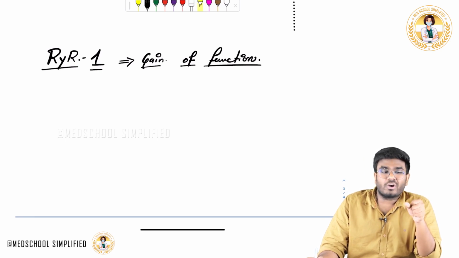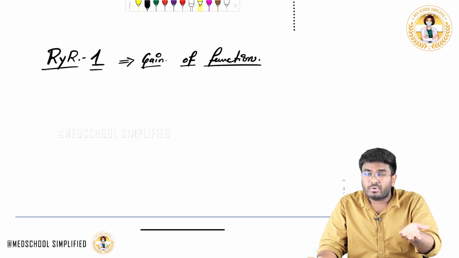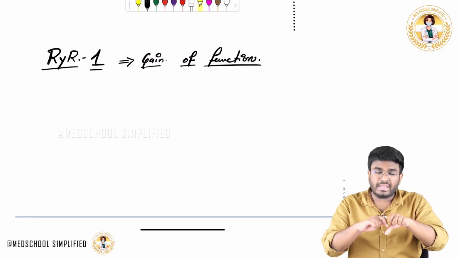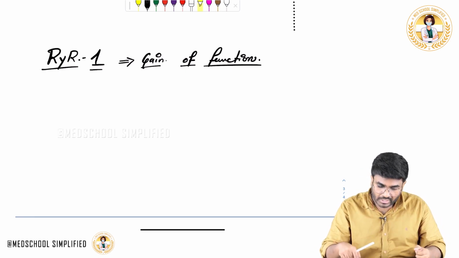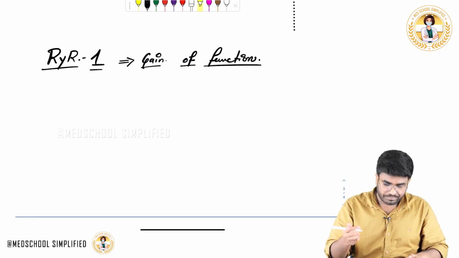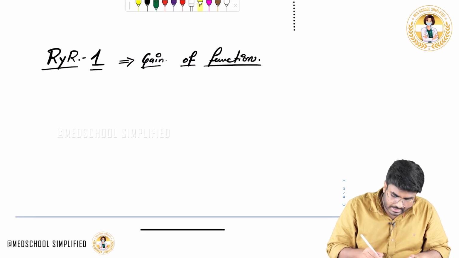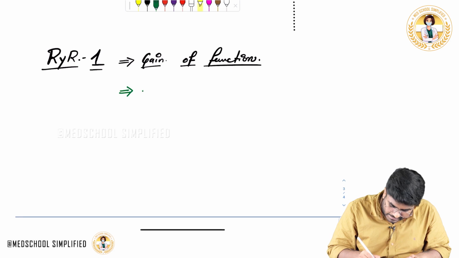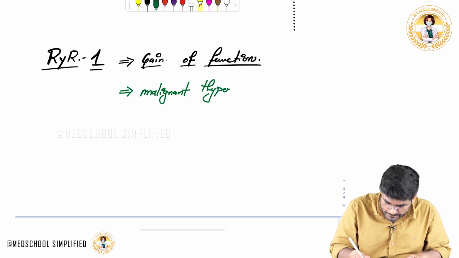Too much contraction of the muscles will cause the breakdown of ATP and release of temperature. Energy will be released, ATP will be broken down. While ATP is broken down when the muscles are contracting, we all know that heat will be produced. So the point which I want you to know is, because of the mutation of this RYR channel, the patient can suffer with a condition called malignant hyperthermia.